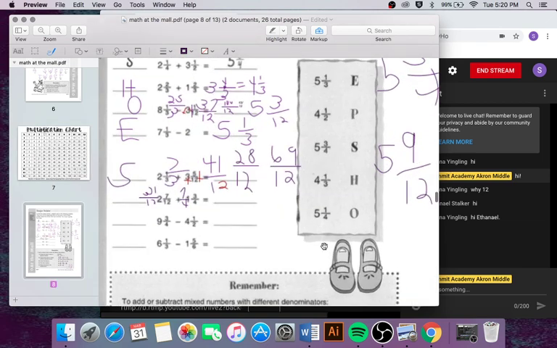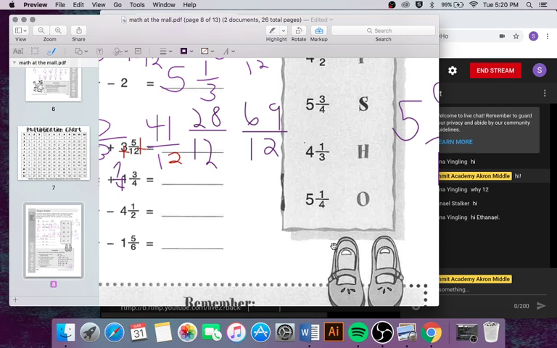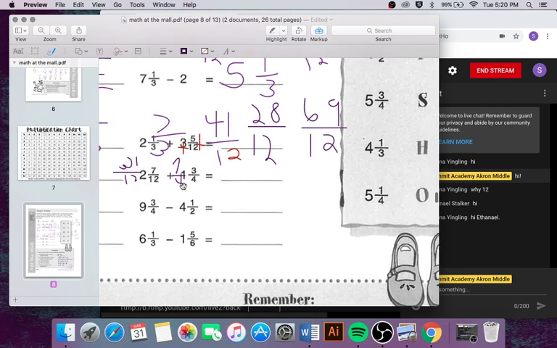So back over here, we need to multiply the 7 over 4 times 3 so that we can get the denominator to be 12. So we're going to multiply both the numerator and the denominator times 3.